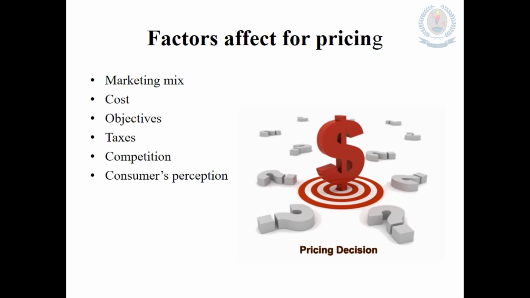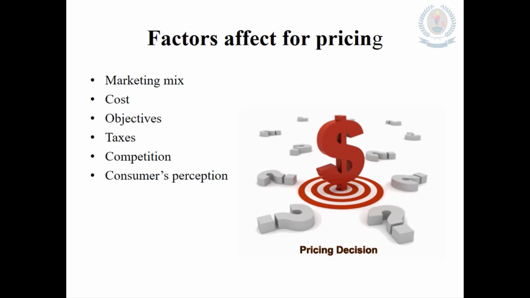Now we have to look at what are the factors that affect pricing. Mainly prices are decided by the sellers or the manufacturers. When these manufacturers and sellers design these prices, they consider some set of factors. First point is marketing mix, that means product, price, place, promotion. Except price, all the other factors they are considering.